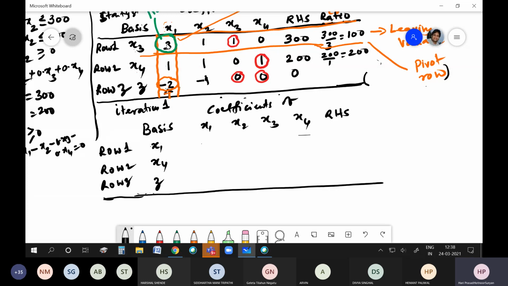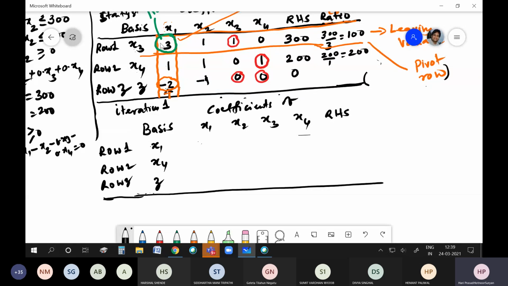If I write now x1 is equal to 3, can I write it? No, sir. So what should I do now? I should divide this row by 3. That means the pivot row is divided by the pivot.